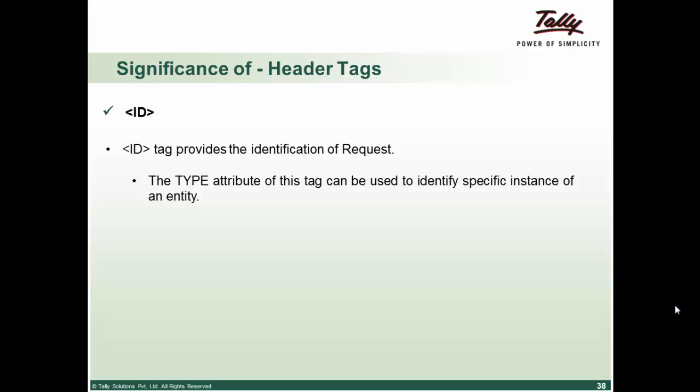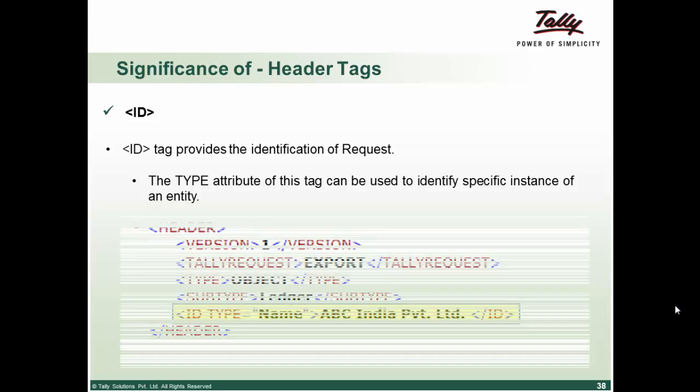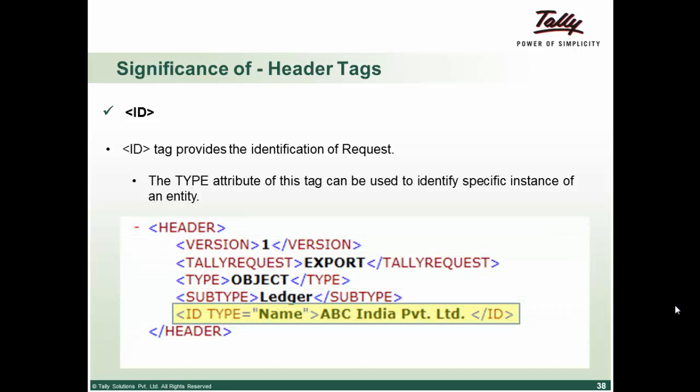The type attribute of this tag can be used to identify specific instances of the entity. So if we are trying to export a particular ledger, we can provide the name of the ledger. So an identification can be provided.